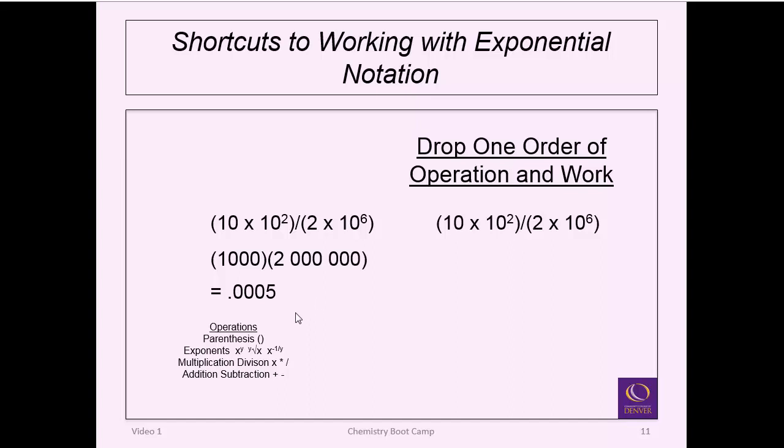Now we can quickly get to this and leave it in scientific notation by simply 10 divided by 2 is 5 times 10 to the 2 divided by 6. If I were to drop one order of operation, I'd subtract it, which is 2 minus 6, which is minus 4. So the shortcut would be 5 times 10 to the minus 4, which is what this number is.